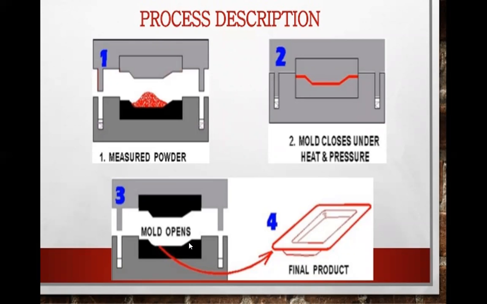After that, the coolants are sent to the upper mold, and this mold will get opened and the plastic material will take the shape of this mold. So this is the final product.